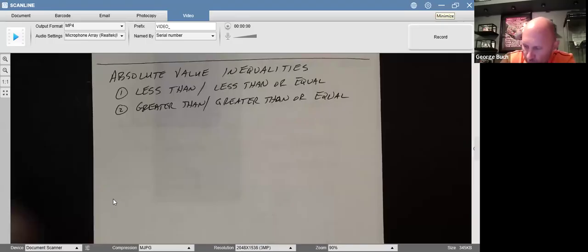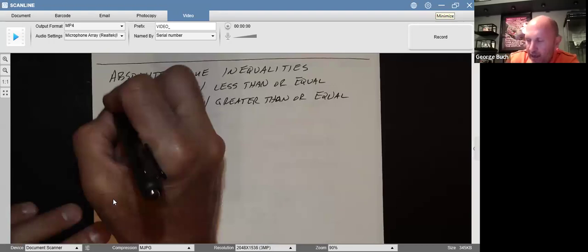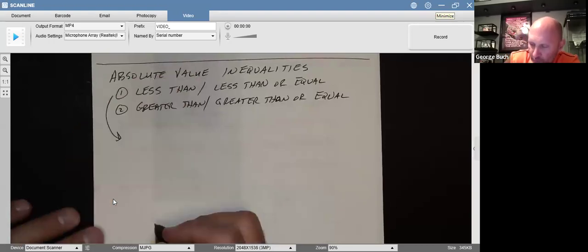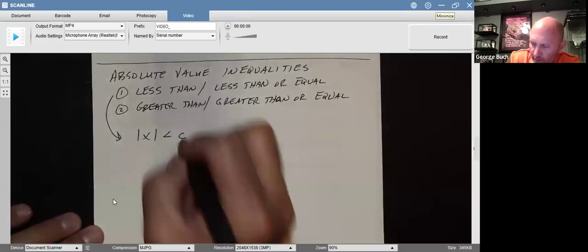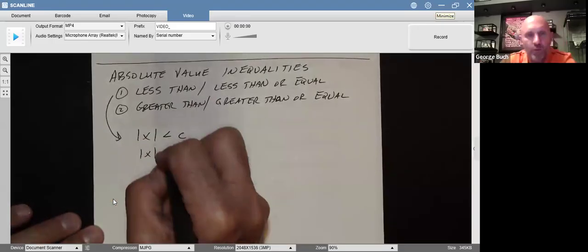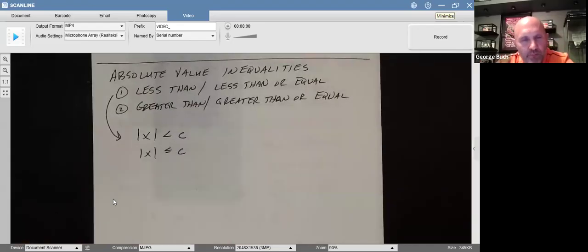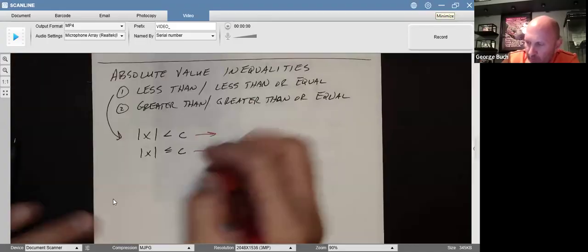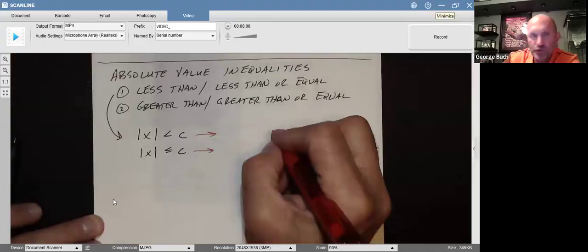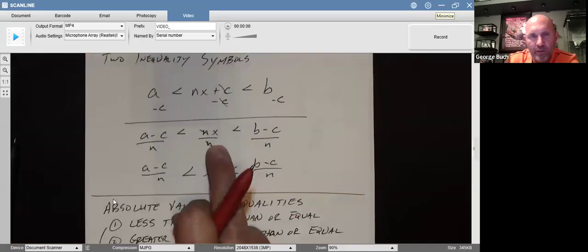So for the first one, when I have less than or equal. So I might have the absolute value of x is less than some value c, or less than or equal to some value c. To solve this, to get rid of the absolute value symbol, I'm going to rewrite it like the two-part inequality we just got done doing.